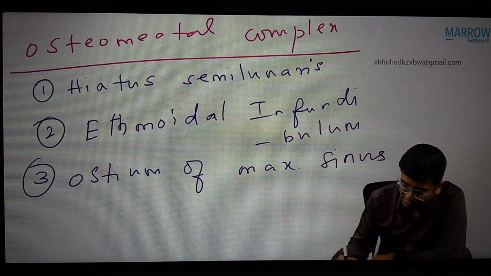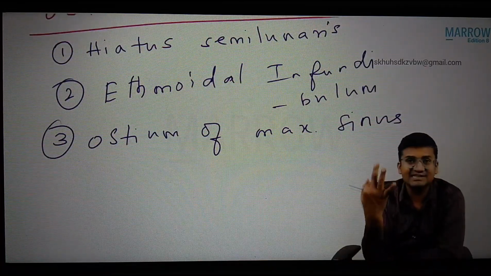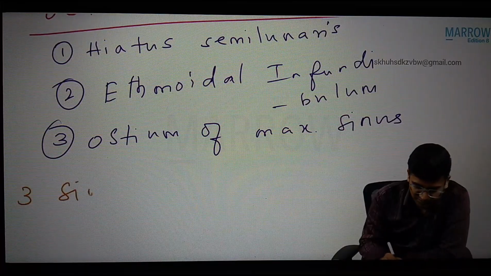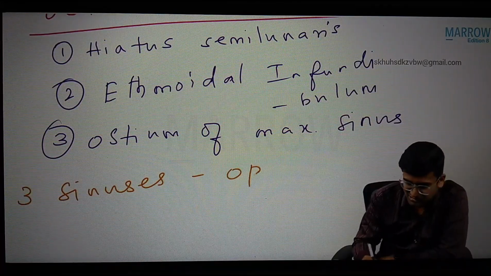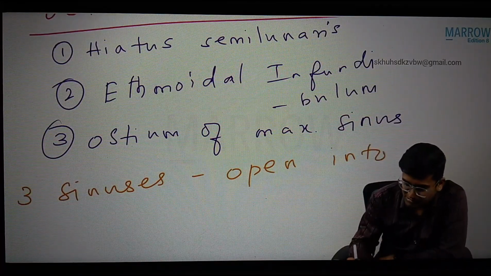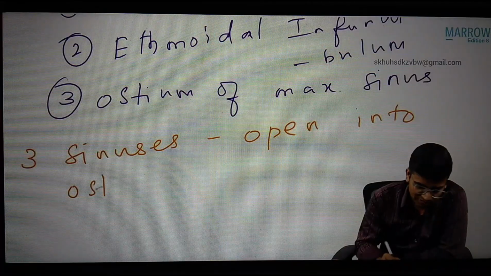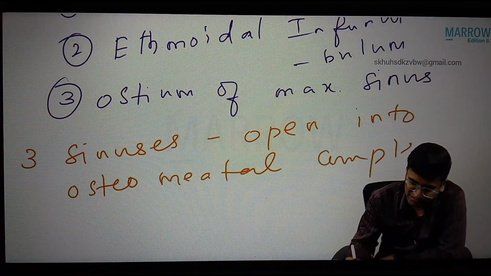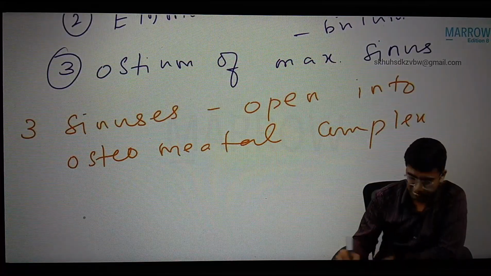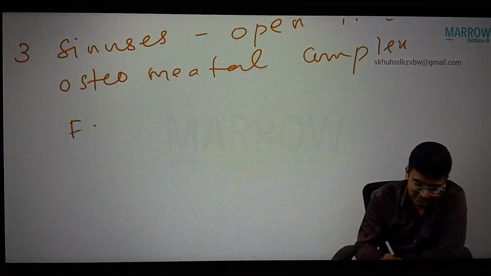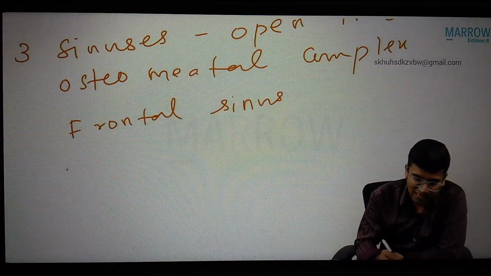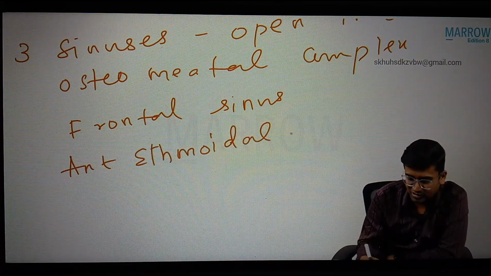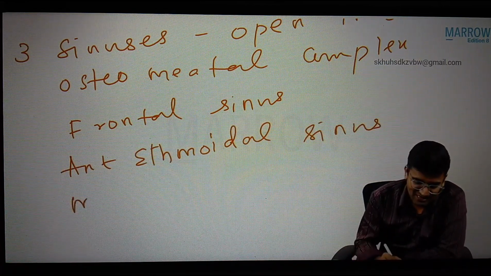Now, three sinuses open into the osteomeatal complex. What are those? The frontal sinus, the anterior ethmoidal sinus, and the maxillary sinus.